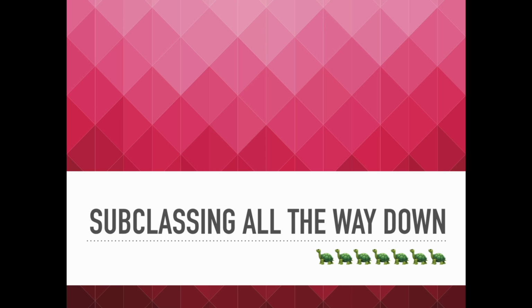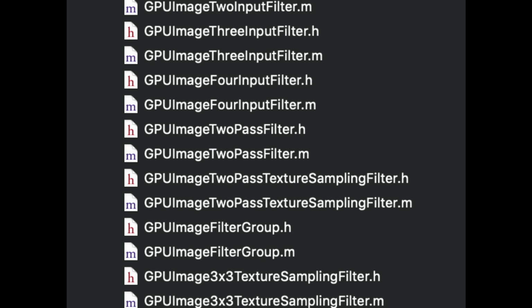Another part of Objective-C that we really didn't like was having to deal with a bunch of subclassing and not being able to have protocol-oriented programming. The way that the framework was originally organized was that you had a superclass for image input, and then a subclass of that was image output, and then you had all of these different input filter subclasses. You had to put a whole bunch of code in all these little input filter subclasses in order to get them to work with whatever type of shader needed that particular type of input.